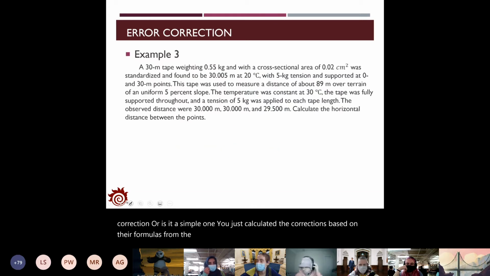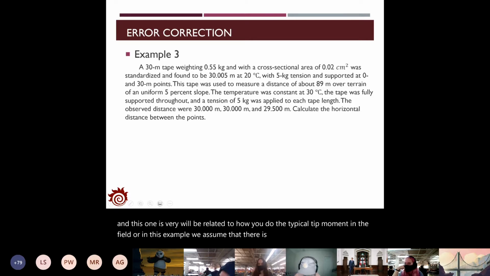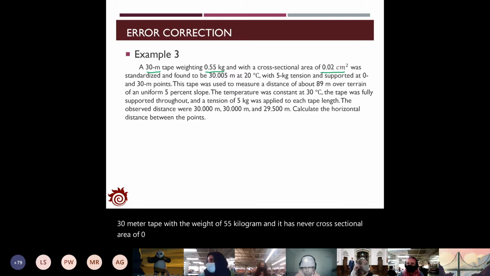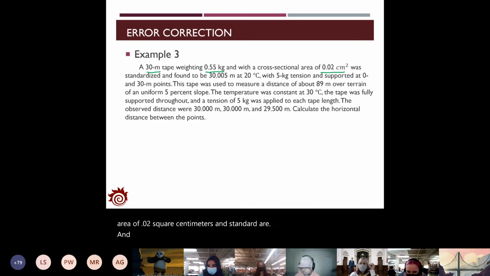The next question is a little bit complicated, and this one will be related to how you do the tape measurement in the field. In this example, we assume that there's a 30-meter tape with a weight of 0.55 kilogram, and it has a cross-sectional area of 0.02 square centimeters, and the standard we found that the tape is not accurate.